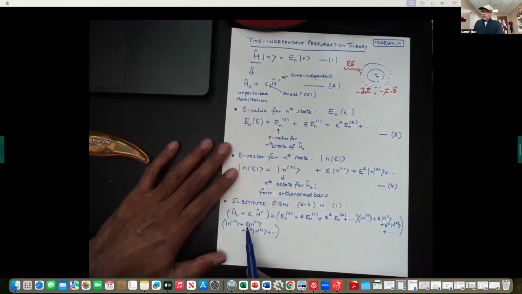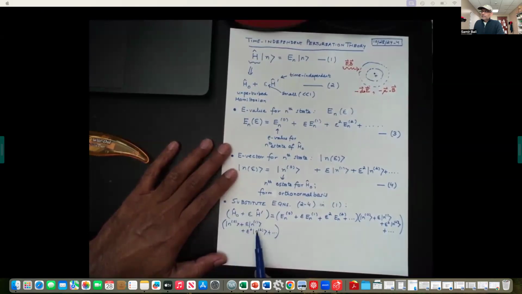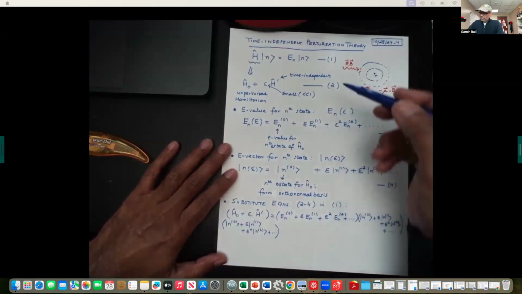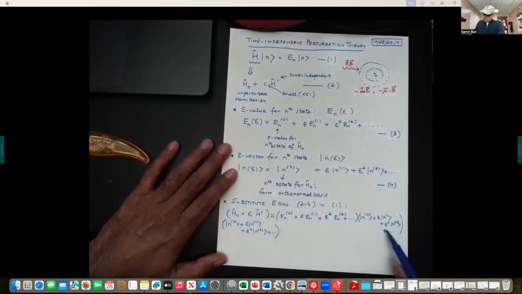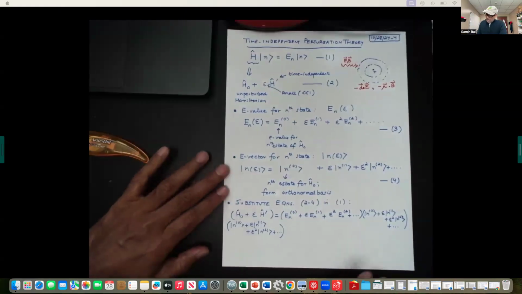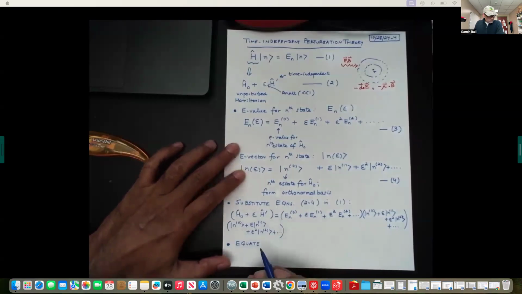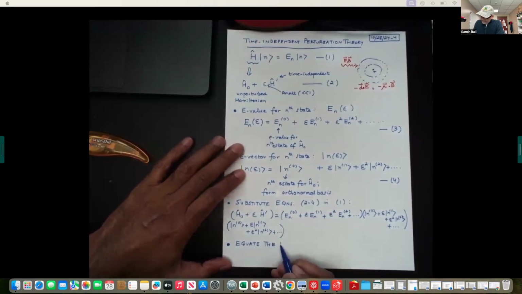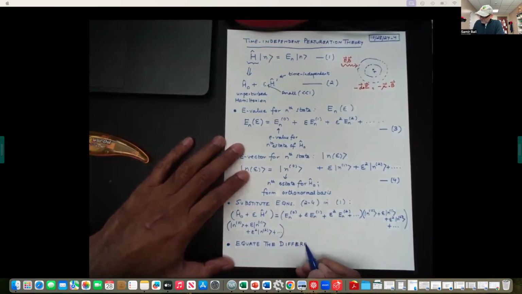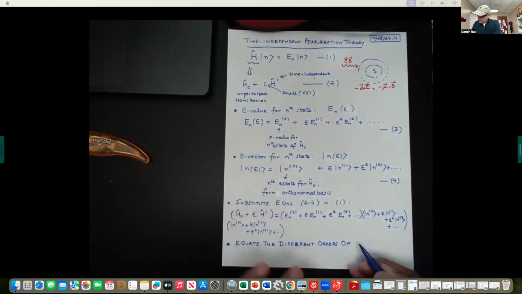This guy acting on this state is equal to the energy, the right-hand side, times the same state again. That's what I get, right? Now, if these equations are to be equal, then I can equate the different orders of epsilon separately.